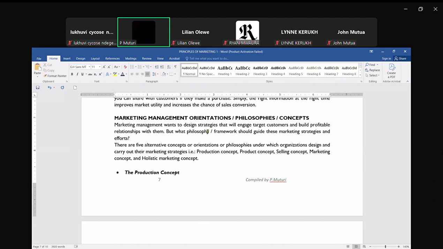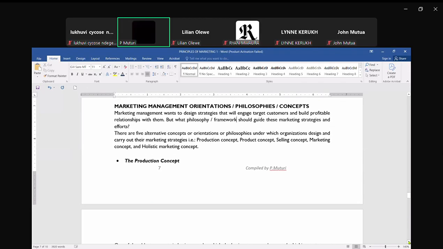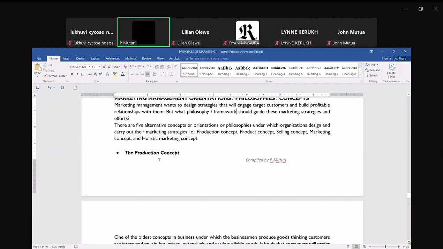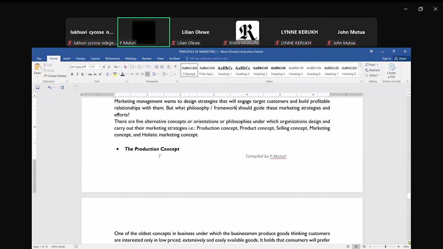What philosophy, what framework should guide a company in coming up with marketing strategies? That is what we are looking at. Now, five alternative concepts, orientations, or philosophies have been suggested under which organizations design and carry out their marketing efforts or activities. Really, when you talk about orientation, it is how a company carries out its marketing agenda or its marketing activities.